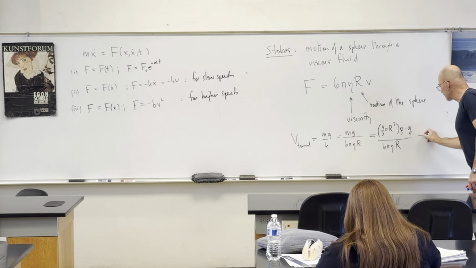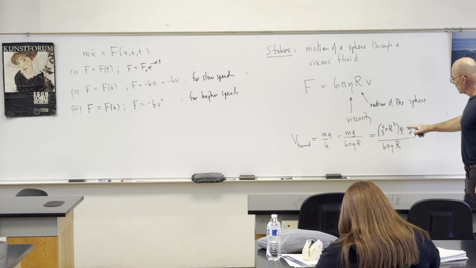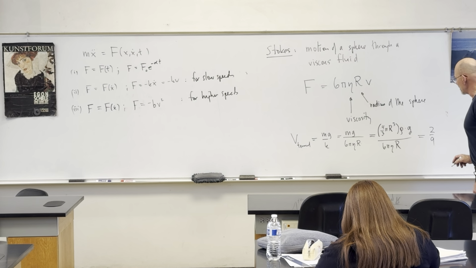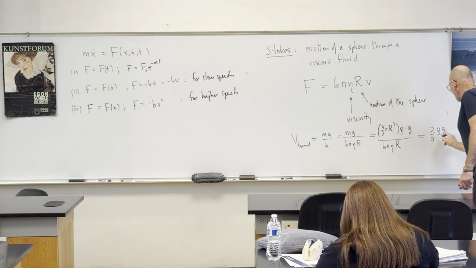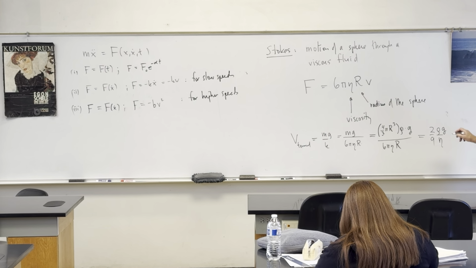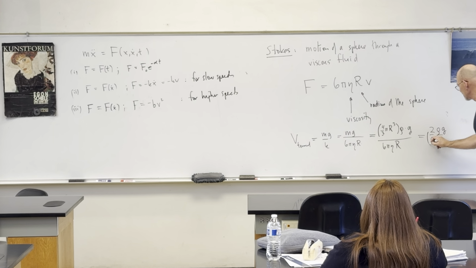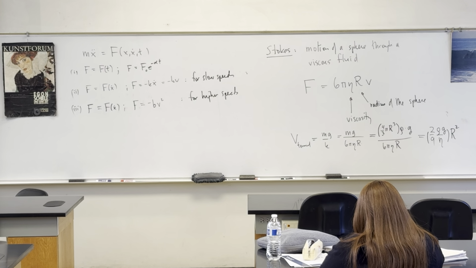If we clean this up, pi goes away. We have 4 over 18, which is 2 over 9. I'll put the rho and the g and the eta. Those are a bunch of factors, they should make sense. What about the power that's left over? R squared.